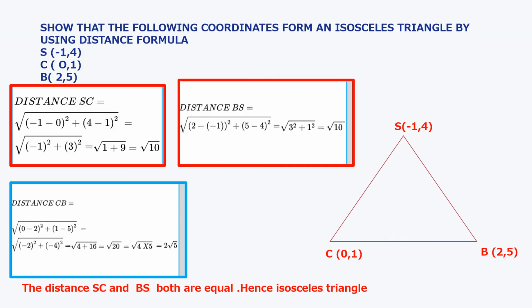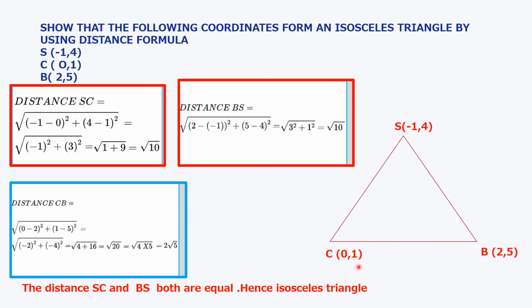Now here is a sum where you have to find out about the coordinates of an isosceles triangle. Here I have taken a triangle, and on the three vertices S, C, B, I have taken the x coordinate and y coordinate of each point. S has x and y coordinates -1 and 4.